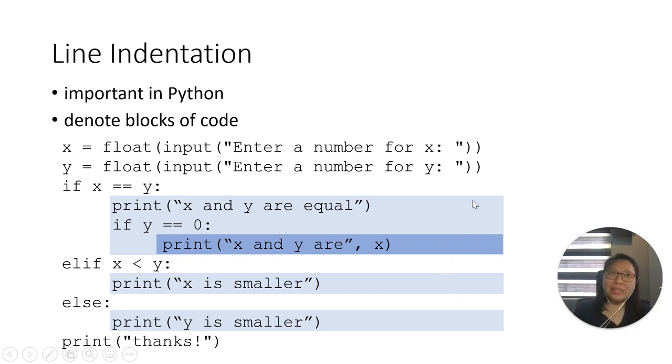This property of Python, line indentation, is actually an advantage over other languages, because by just looking at the code visually, by looking at a page, you will see the blocks already, compared to other languages that use curly braces.